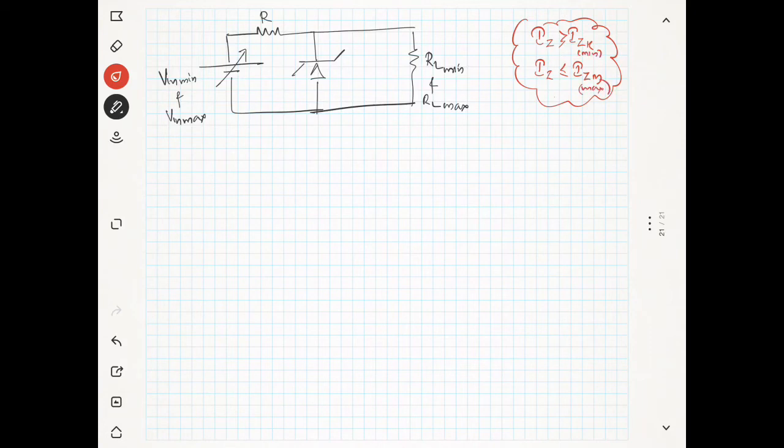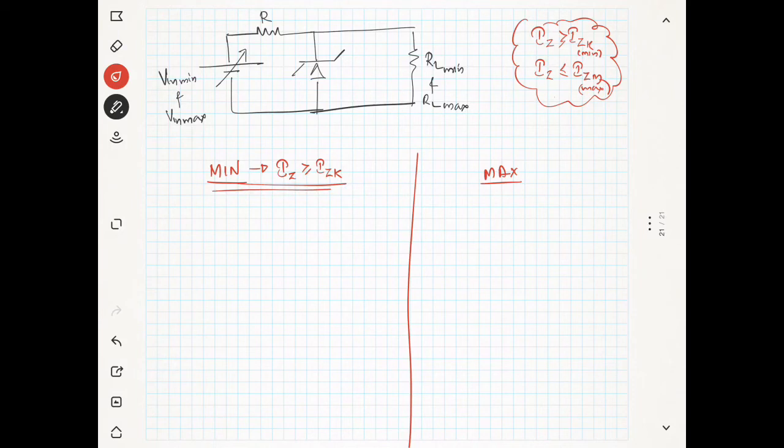According to this minimum and maximum limit, I will write the two conditions. What is the minimum condition that we have seen? That means IZ should be greater than or equal to IZK.